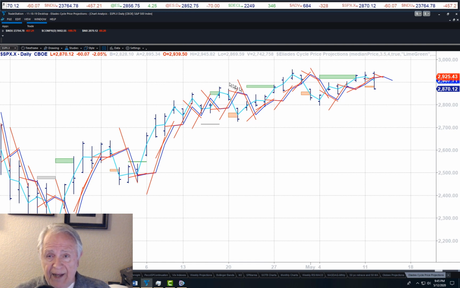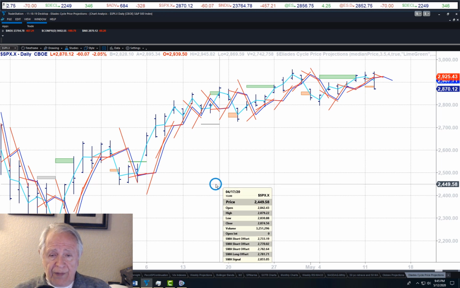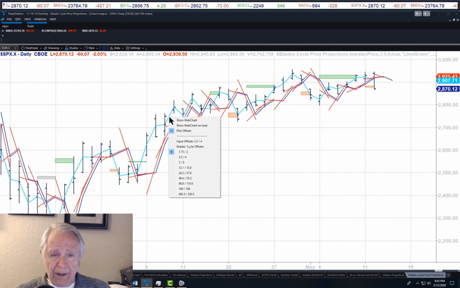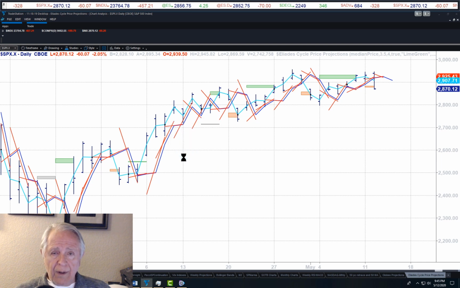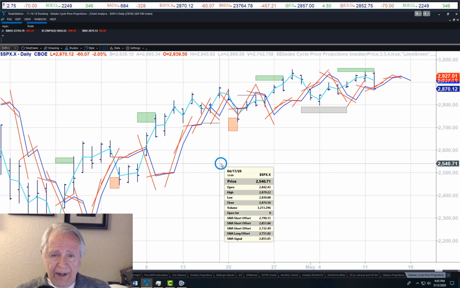Now, they're met and exceeded, but remember, once they're met, for example, let's take this date of April 17th. So you have this upside box reached on April 17th. Then what you would do is go to the next longer offset, 3.5 to 4, and you'd look at April 17th. That's right here.